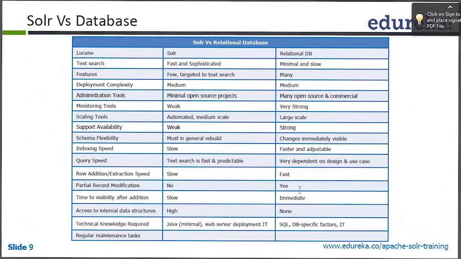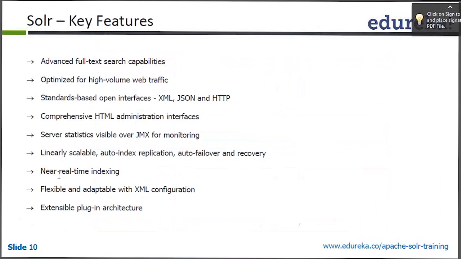When it comes to speed of reads, Solr is much faster and much more efficient, but it is a bit slower in writes because it has to index the content. It would be, in fact, pretty much slower compared to your RDBMS. Okay, so that was just the high level overview of RDBMS and Solr.